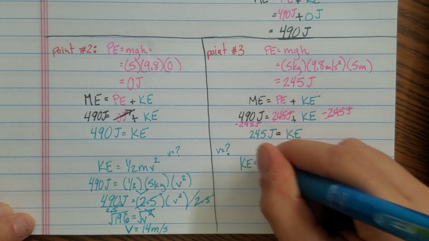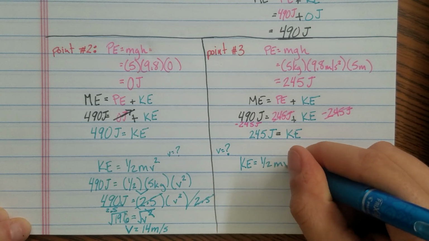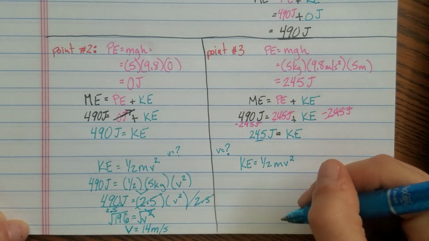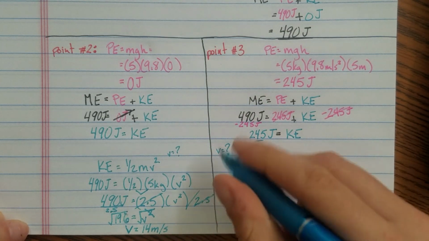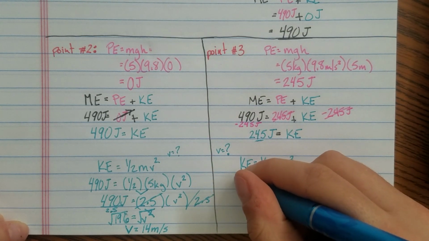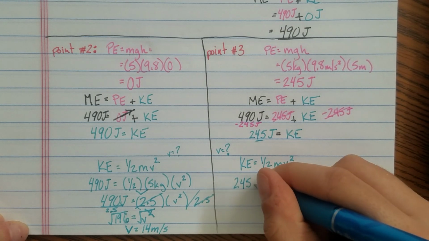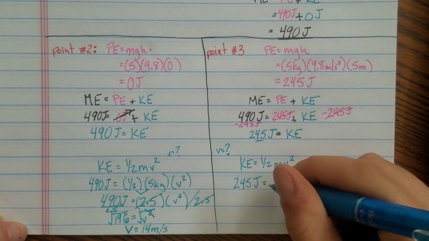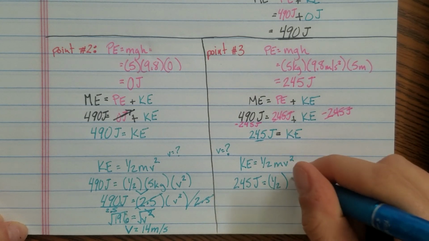My kinetic energy is 1/2 mass times velocity squared. I'm going to bring down what I know kinetic energy is equal to at this point. So 245 joules equals 1/2.